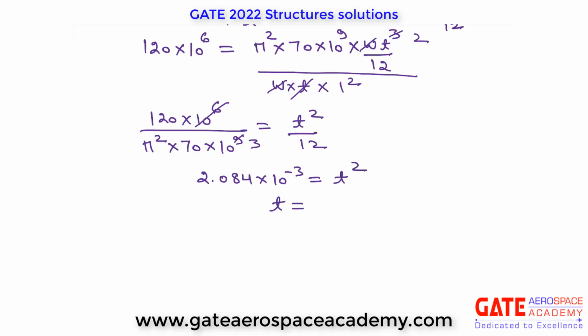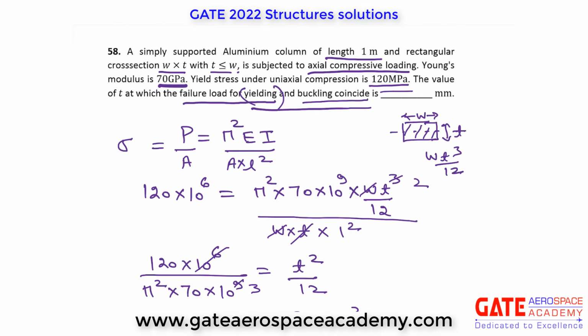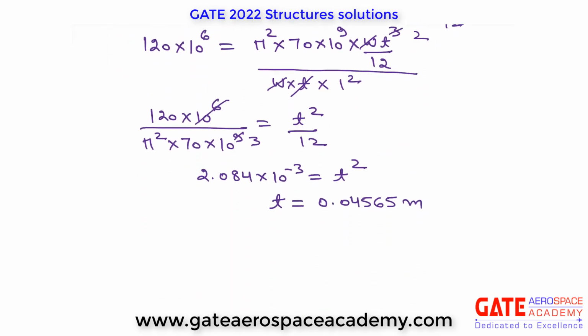So T will be equal to 0.04565 meter. Now they are asking in mm here. So T is equal to 45.65 mm, right?